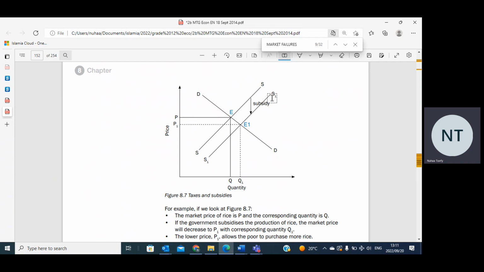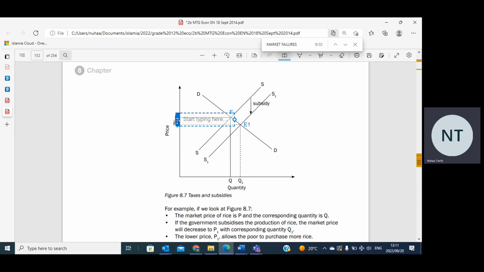The supply moves to S1. Why does the supply move? Remember, we always said a shift right in supply is an increase in supply because there's a subsidy. There's more people willing to provide education. And look what happens. The supply increases and the price goes down.